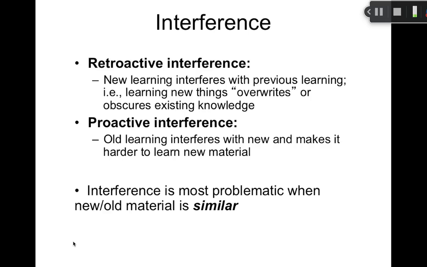And then there's proactive interference that has things going in the other direction. So that's old learning, learning that we've done previously, interferes with new, and it makes it harder to learn that new material. And this is particularly the case when new and old material is similar.